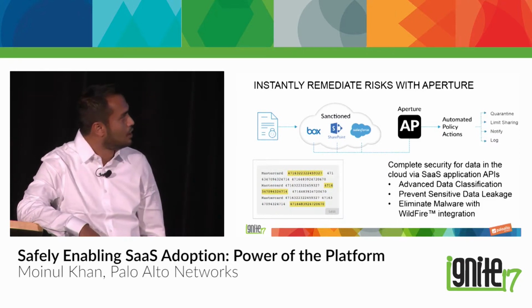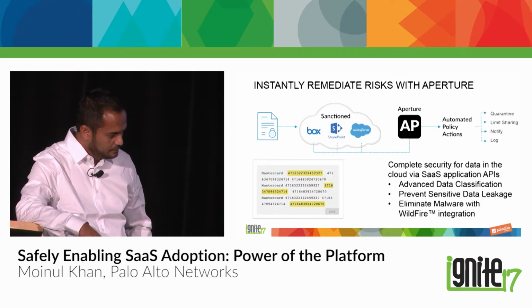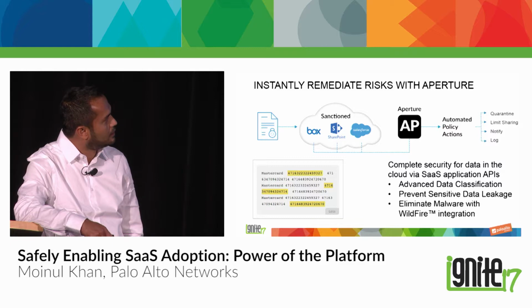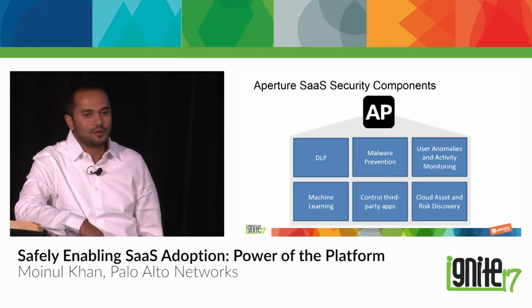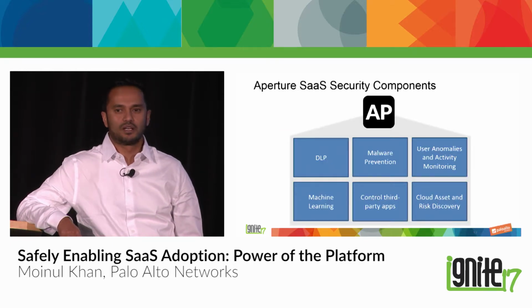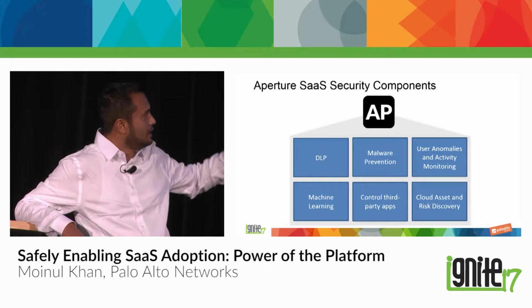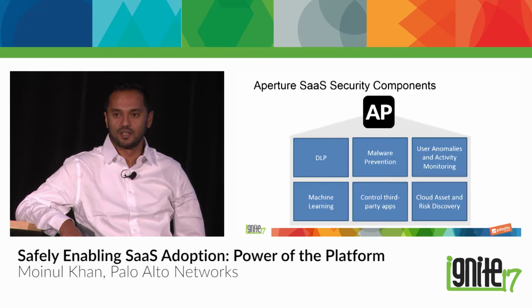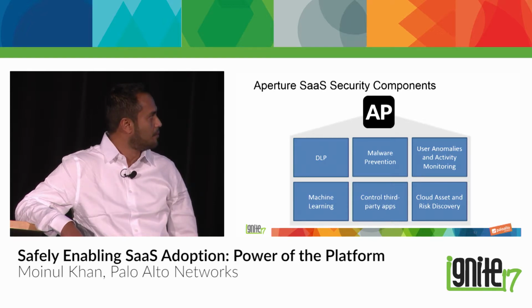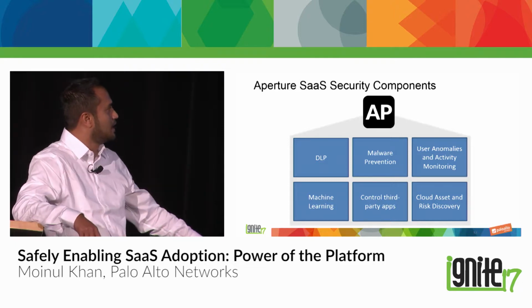On the Aperture side, let me skip this slide. So if you think about Aperture and what kind of services Aperture provides, at a very high level, it's data loss prevention. So anything that is happening in the cloud, Aperture is protecting your intellectual property and sensitive data.